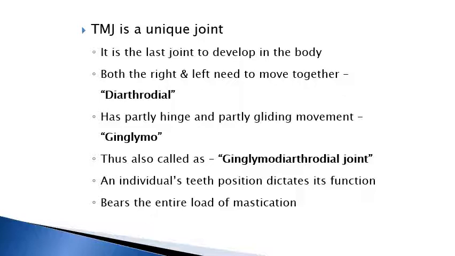And the other part of the movement is a gliding motion, a sliding motion, wherein the temporomandibular joint slides downward in front. So you have two movements in one single joint, the hinge and the gliding movement. That's why it is called Ginglymo. And hence, in total, this joint is called a Ginglymo diarthrodial joint.